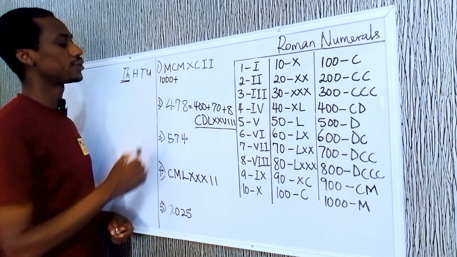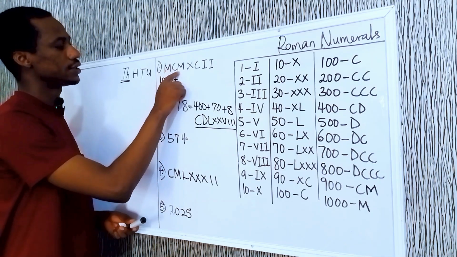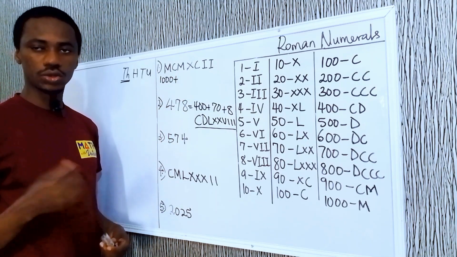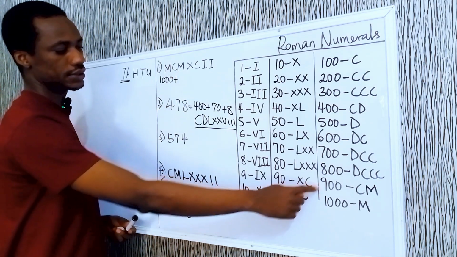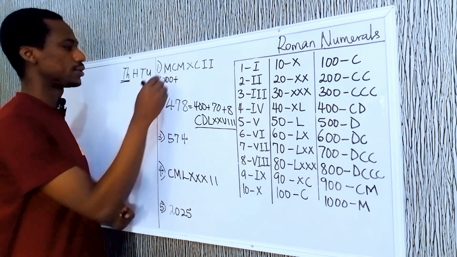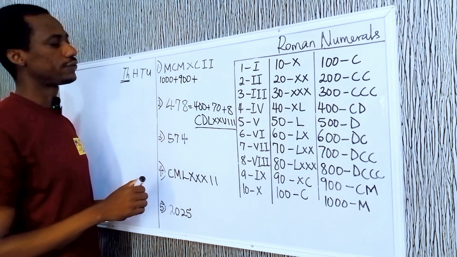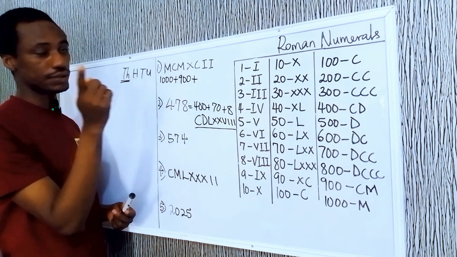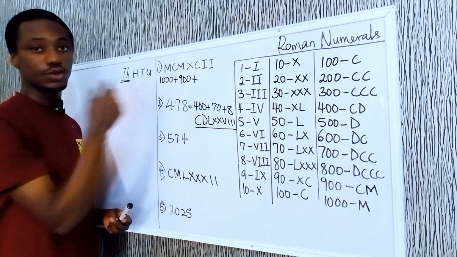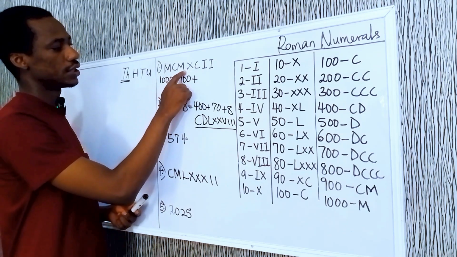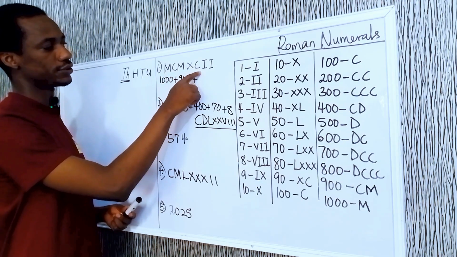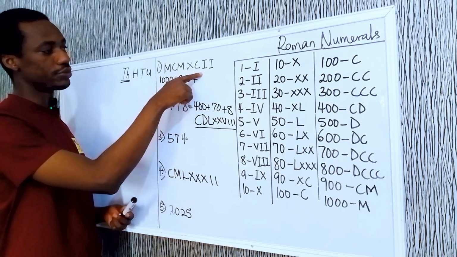Okay, plus the next one is CM. So what number is CM? All right, that's 900, right? Then you have X, which is 10, but after the X you have C, which is 100. So you know that you can't have 10 plus, because 10 is coming before the bigger one.